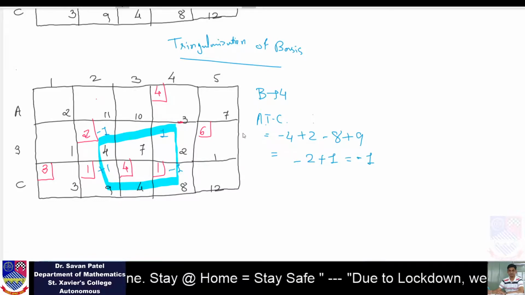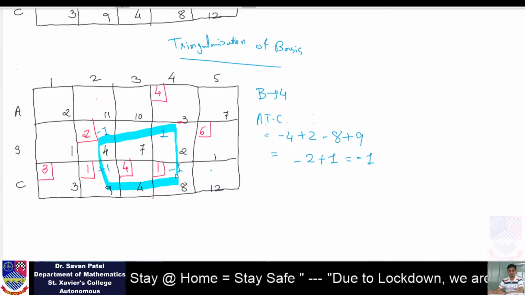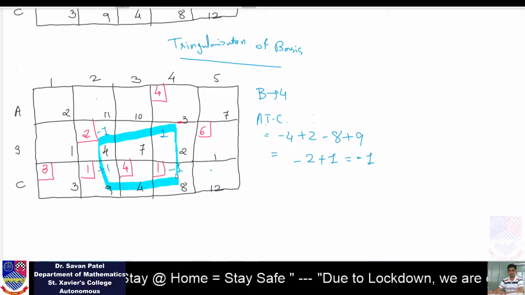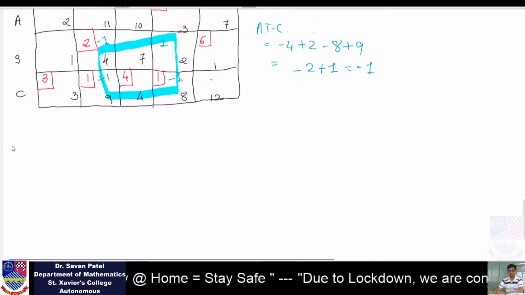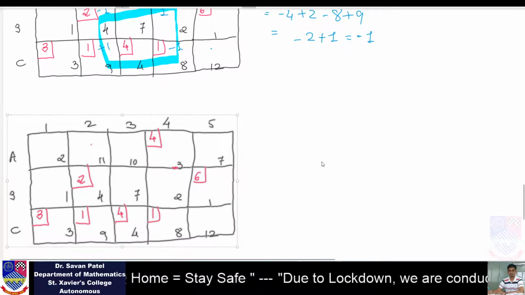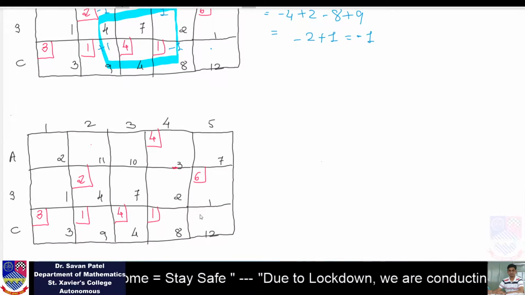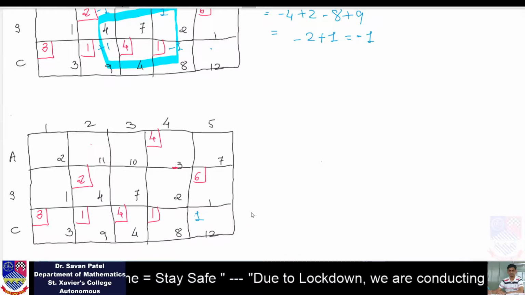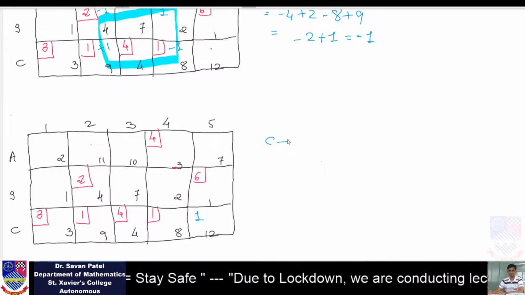But it may happen that transporting from another place gives a greater reduction in the transportation cost, so let me calculate for that point also. The only last thing remaining is C to 5.